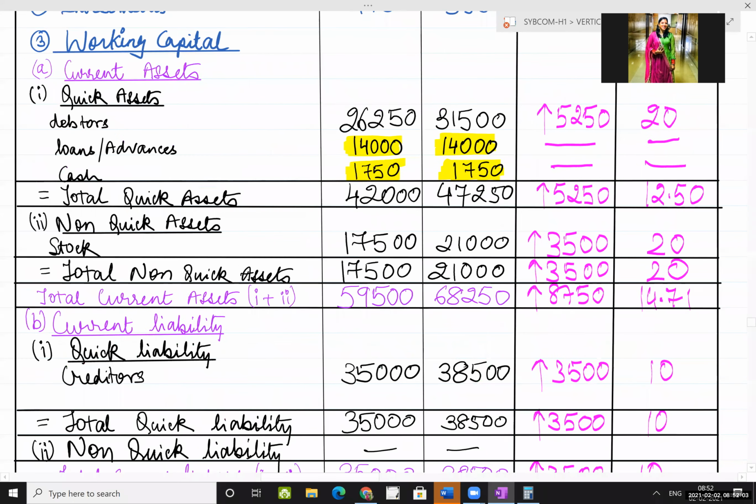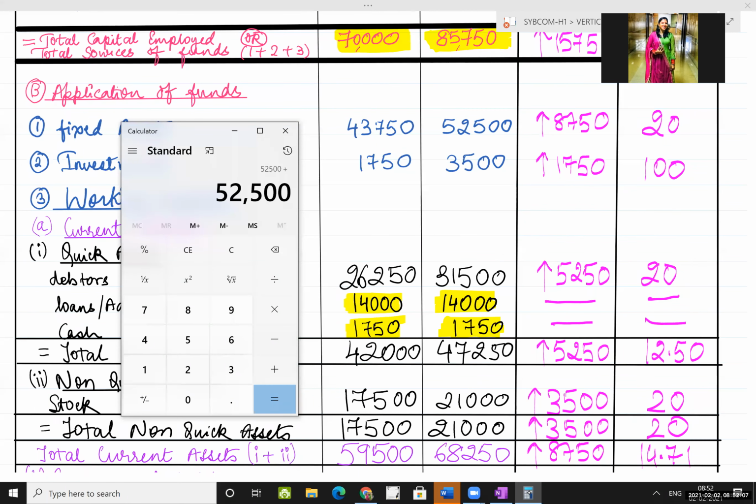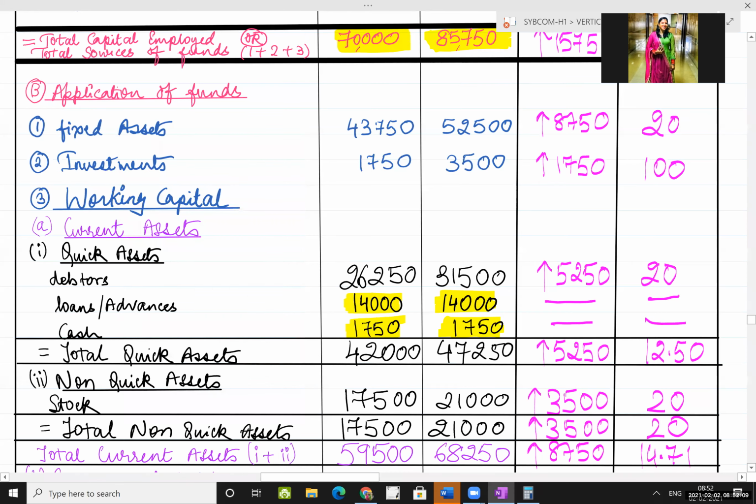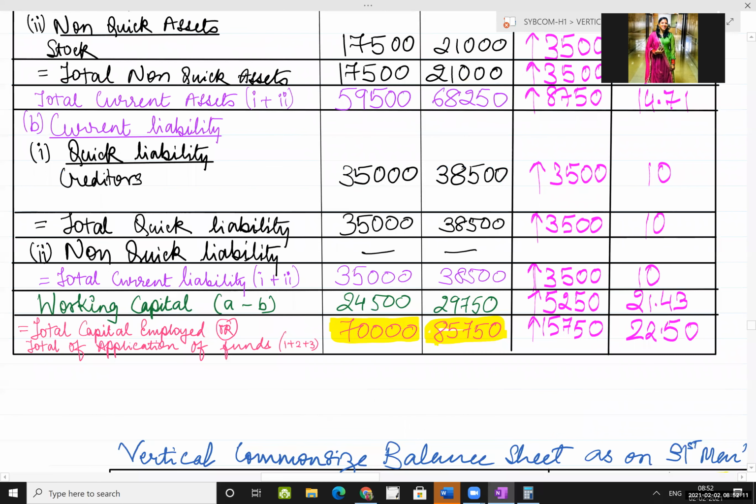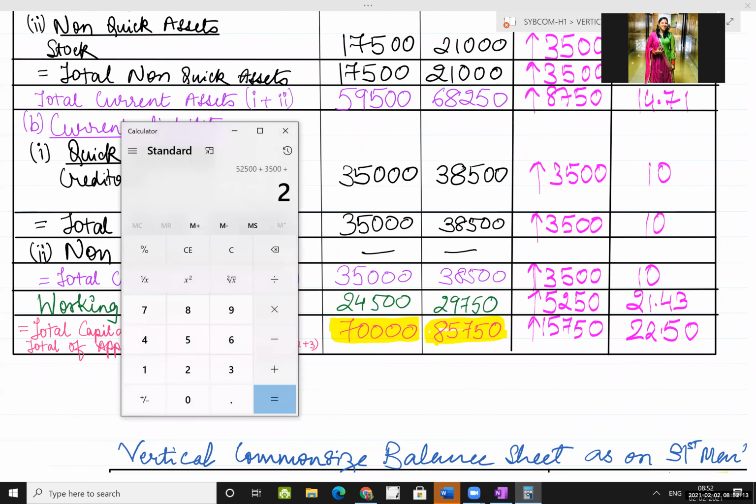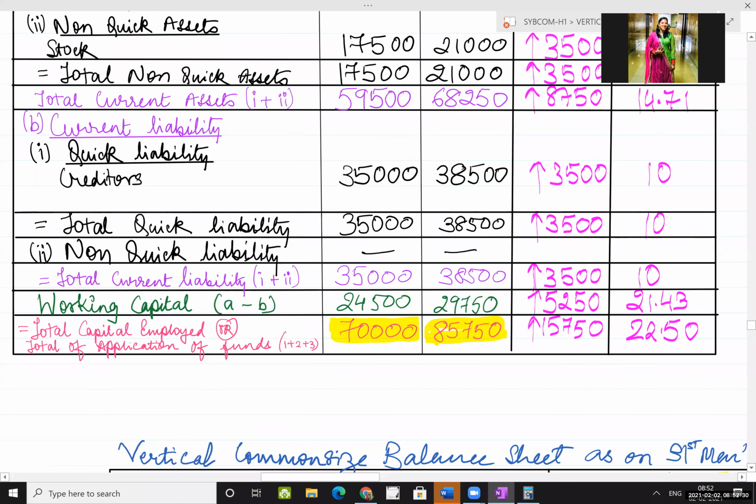Okay, next 52,500 plus 3,500 plus 29,750, 85,750. It has to tally. Okay, minus 70,000. So 15,750 का increase divide by 70,000 into 100. 22.5. Okay.